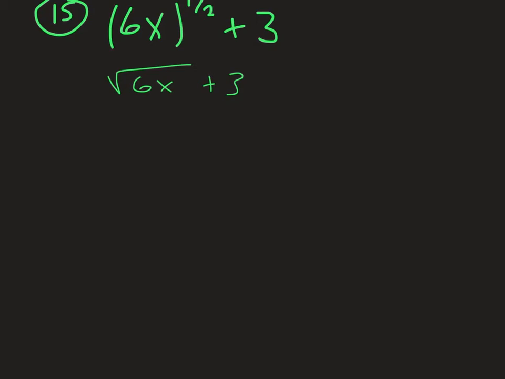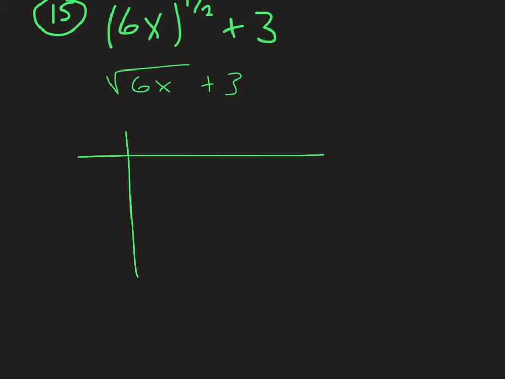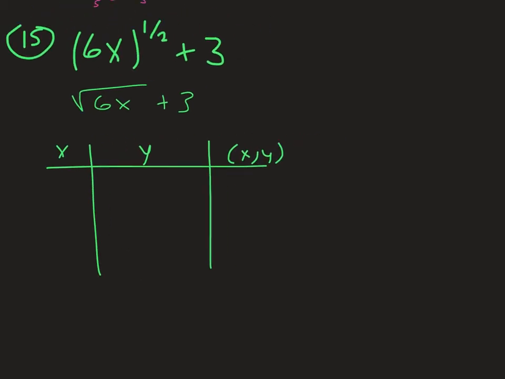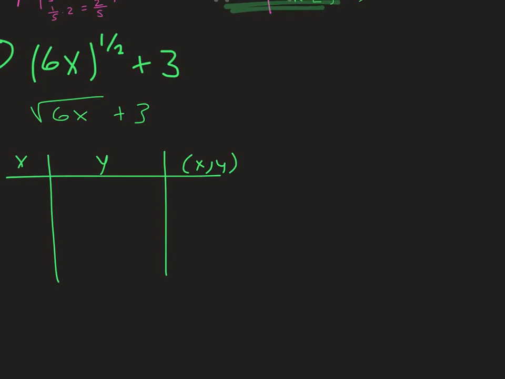So we plug in numbers for x, get numbers for y, so we have our points. So what should we plug in for x first? Zero.